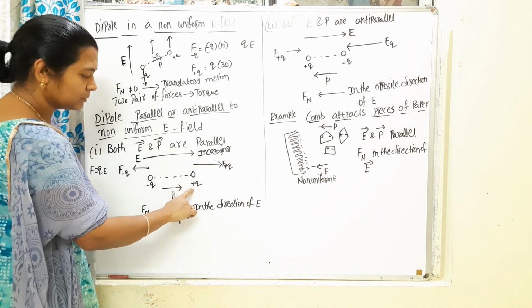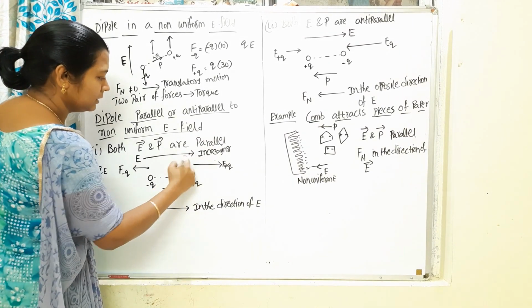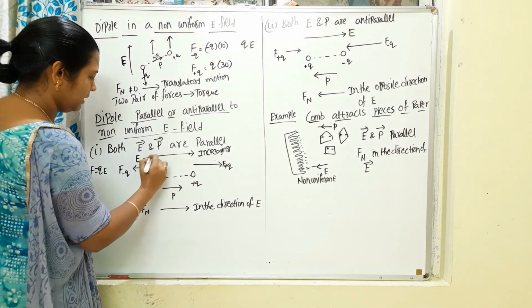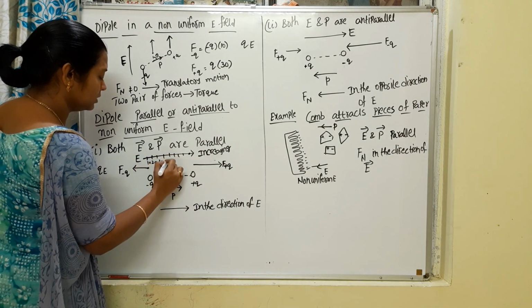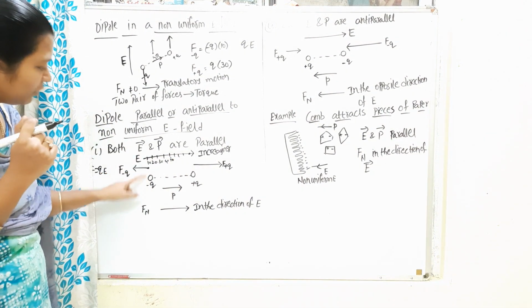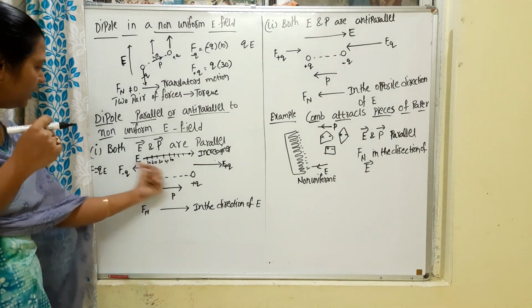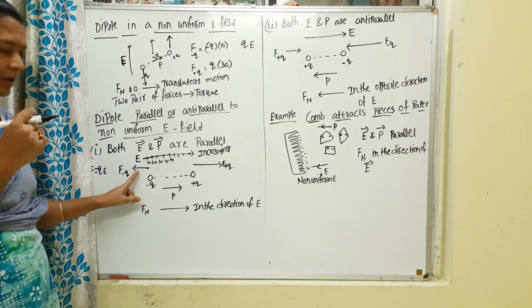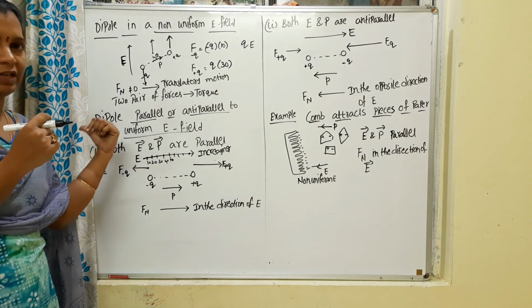And what is the force experienced by the plus q charge? Here the magnitude is more. Let us say, if I consider different divisions, this is 10, this is 20, this is 30, this is 40, this is 50. So here 10 units of electric field is acting on minus q charge, giving rise to the force on minus q in the left side direction.